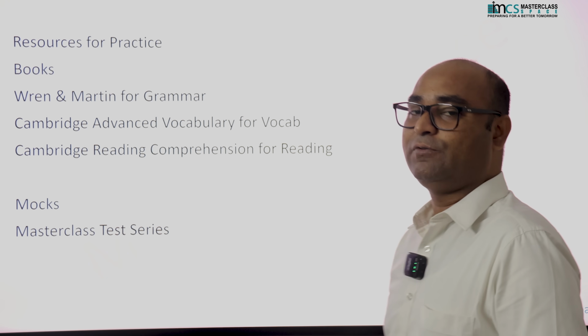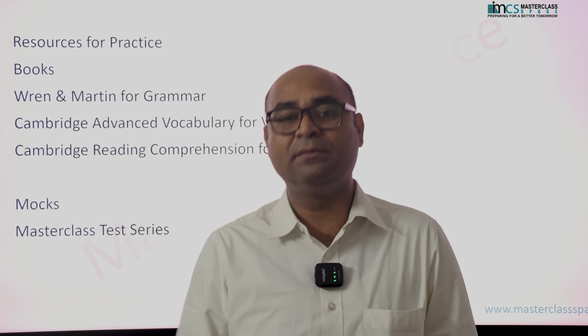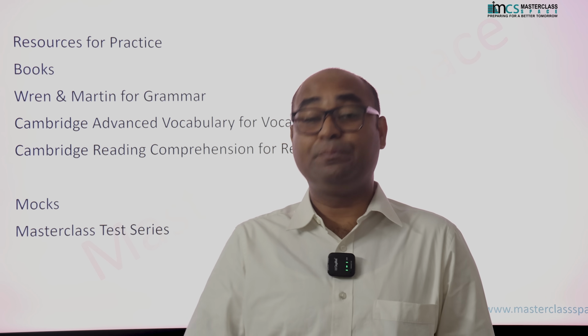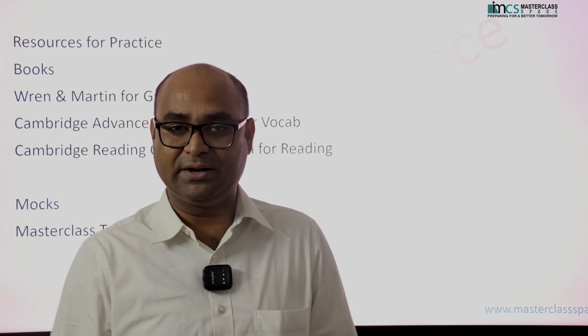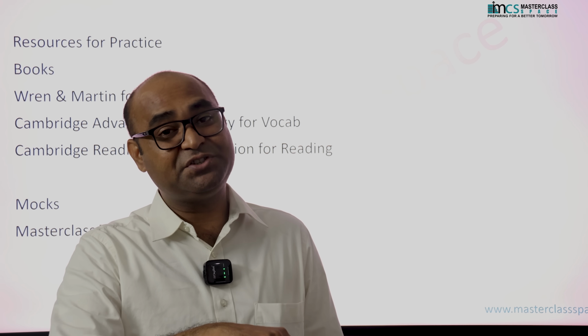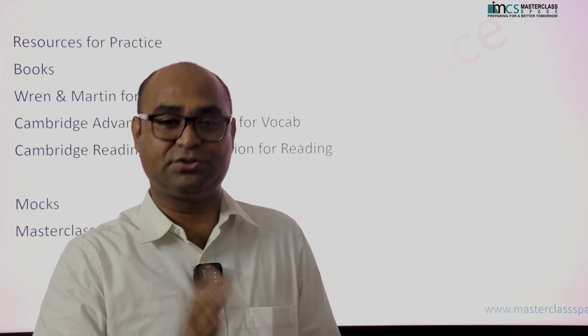Moving toward another book for vocabulary, of course, Word Power Made Easy is very popular, but look at the page count, it has almost 1500 pages. So better to go with the substitute, and that is Cambridge Advanced Vocabulary. This is the substitute for Word Power Made Easy because it has the same description, the same root words, the same explanation along with tests.